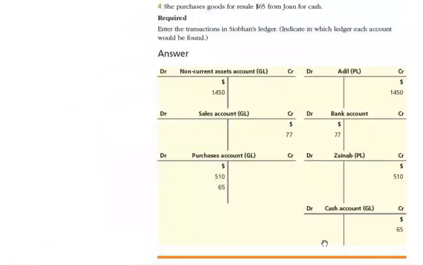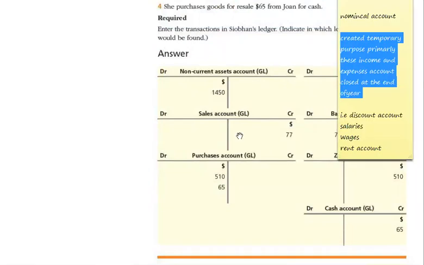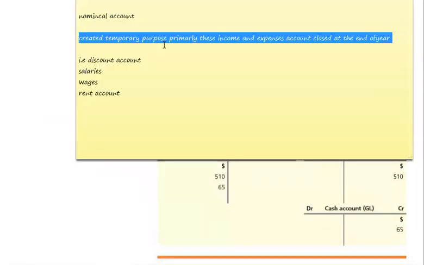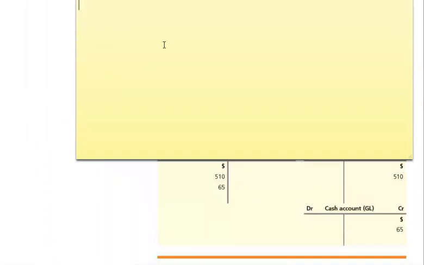Before moving further, I'm going to give another table which you can memorize for debit and credit: golden rules of debit and credit by Pakistan Academy.